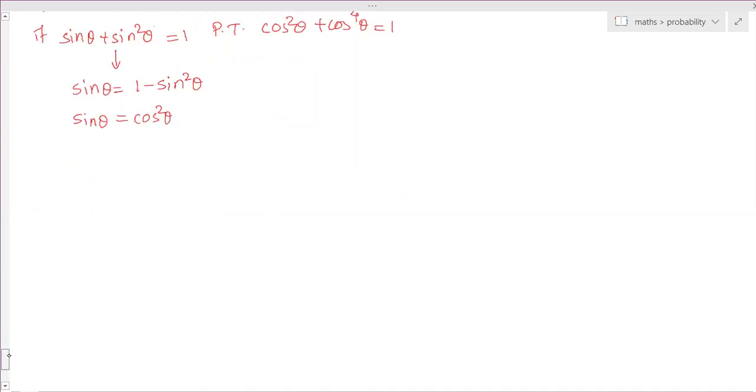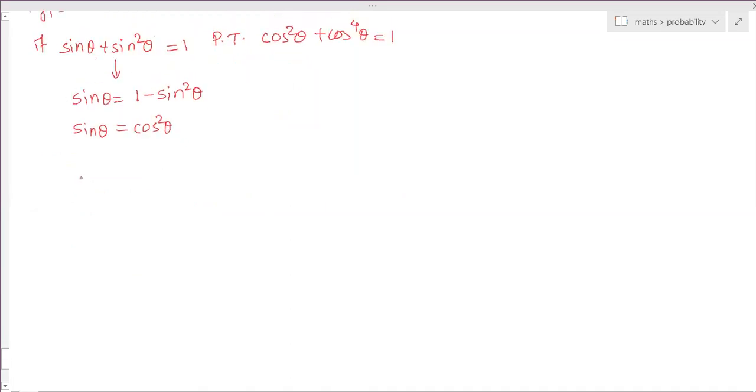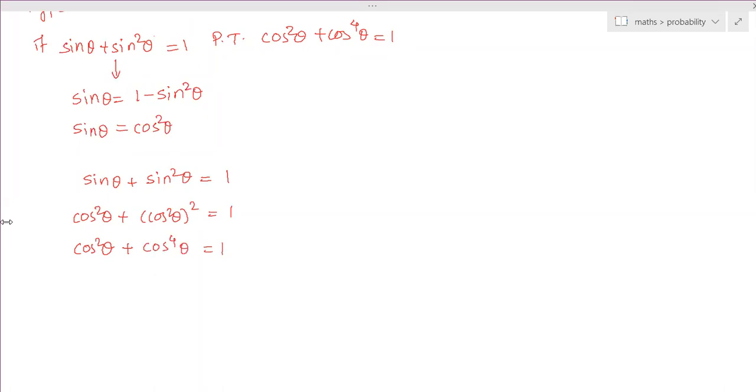Now in the same equation, sine theta plus sine square theta is equal to 1, substitute sine theta as cos square theta and sine square theta as (cos square theta) whole square, is equal to 1. Now cos square theta whole square is cos to the power 4 theta, that is equal to 1. That is what they have asked.